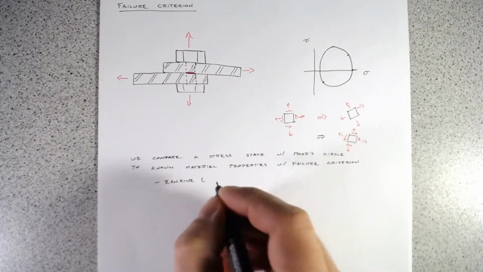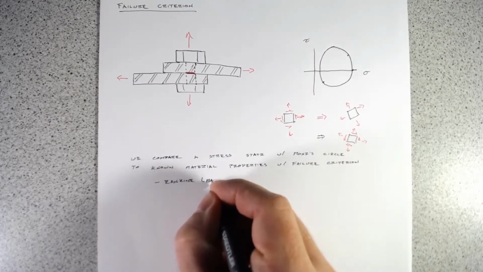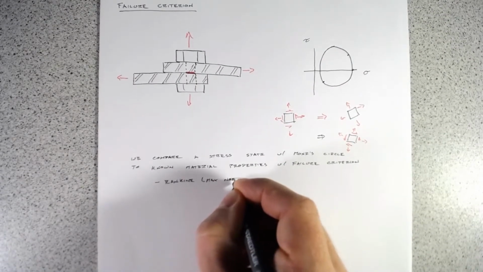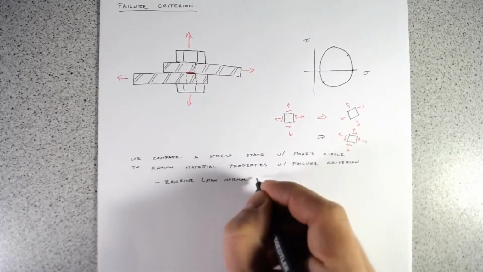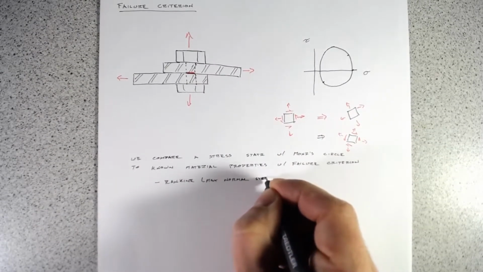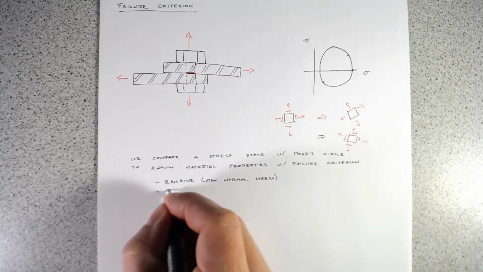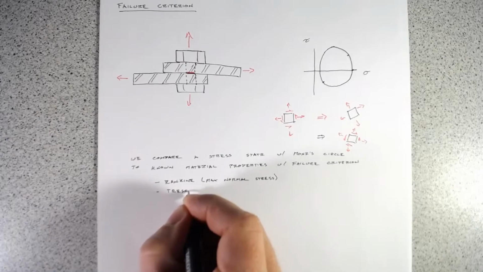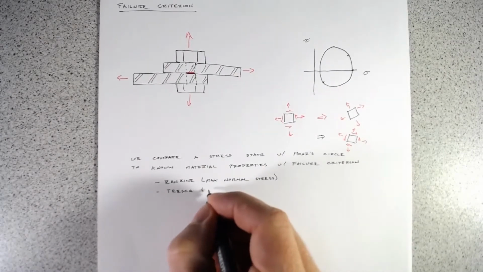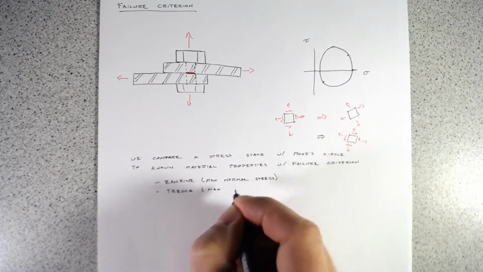We have Rankine, also known as the max normal stress criterion, and we have Tresca, also known as our max shear stress criterion.